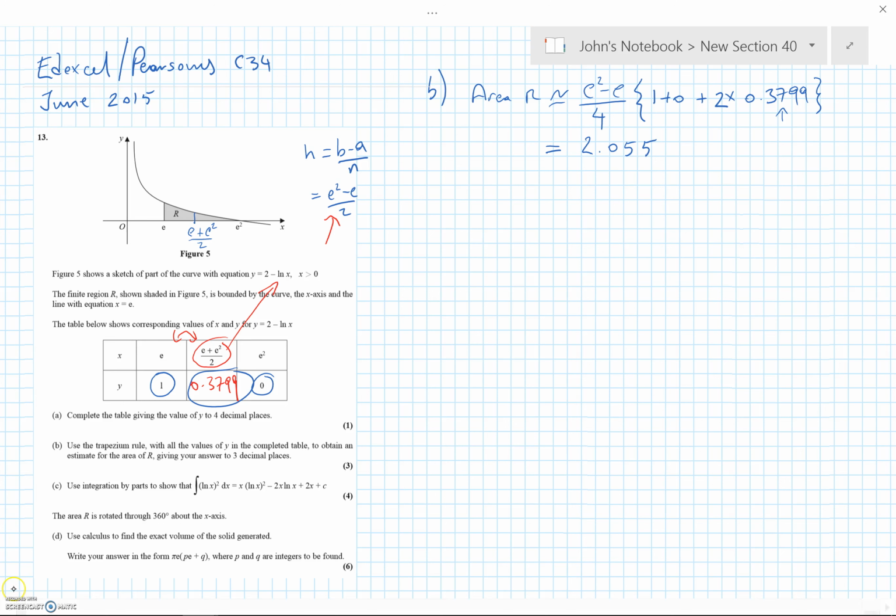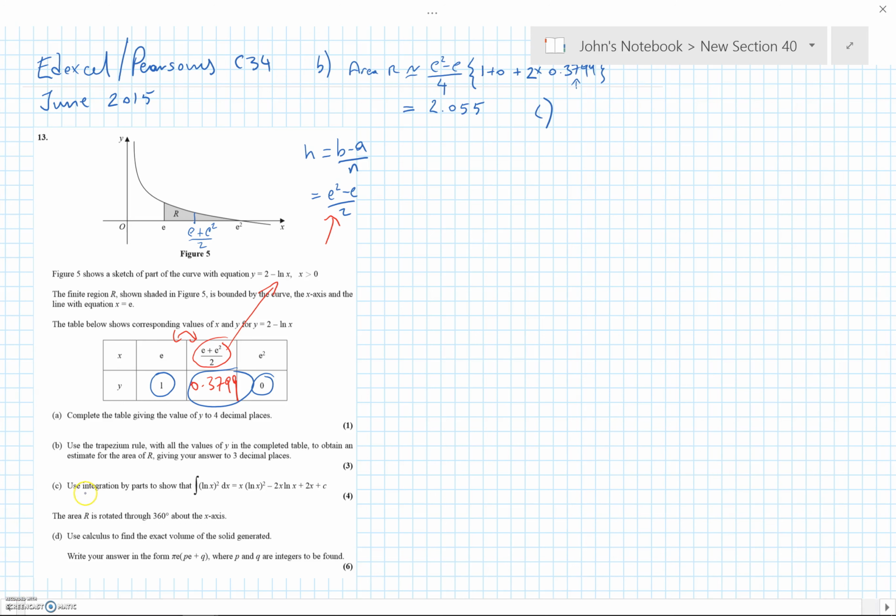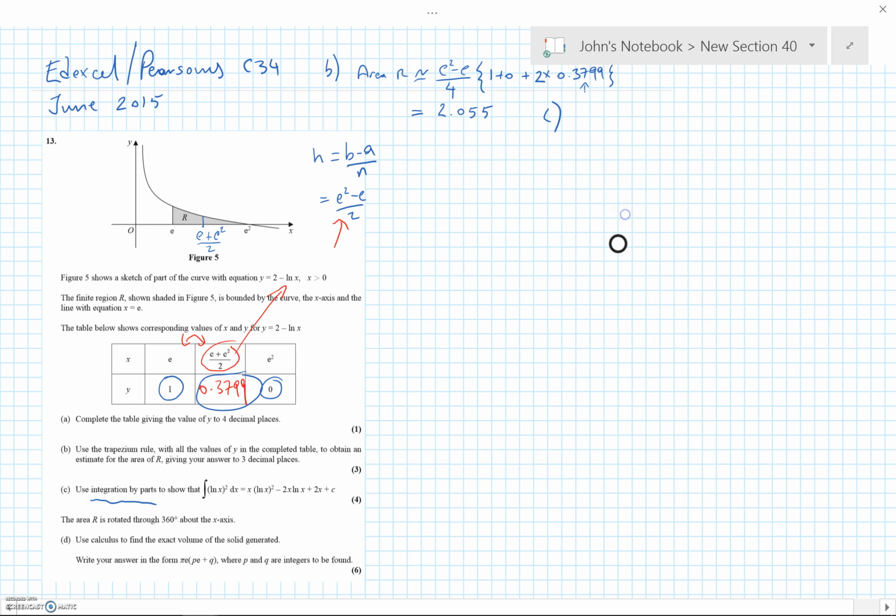Let's make a bit more room here. It's telling us to use integration by parts, but really we should know that this is integration by parts for integrating ln x or ln x squared. I suppose there's a few different approaches. The majority of students I've seen do it by ln x times ln x.